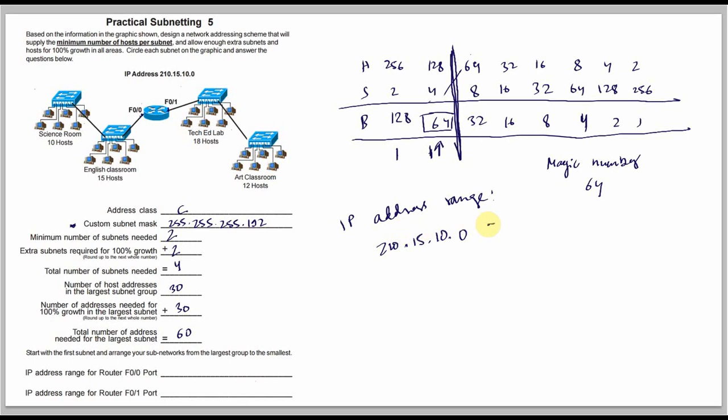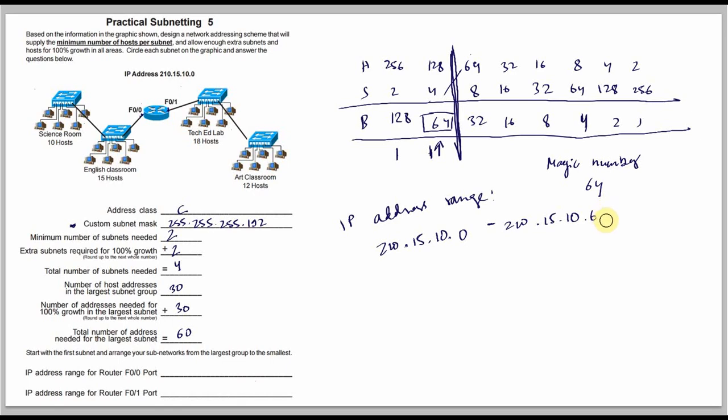So we increment this by 64 to 10.15.10.64. Oops, but wait a second, we can't use the broadcast.